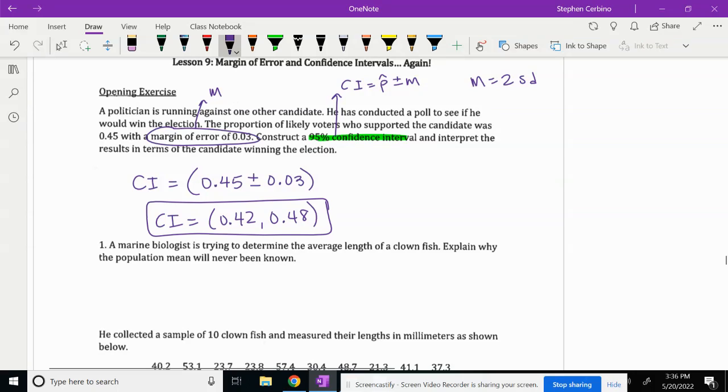What the confidence interval tells us is we are 95% confident that the true population proportion is within 42 to 48% voting yes for this politician.